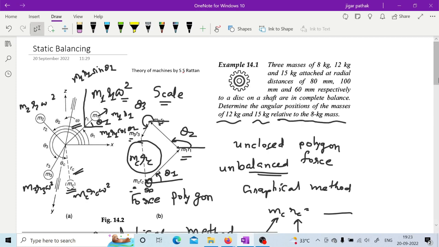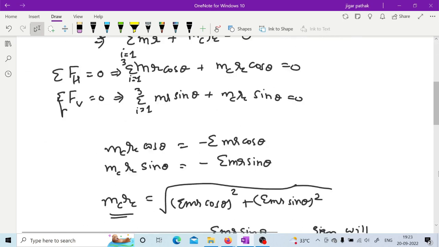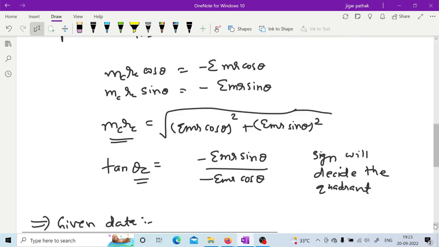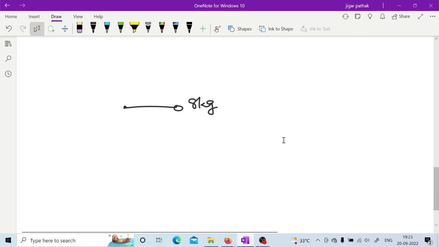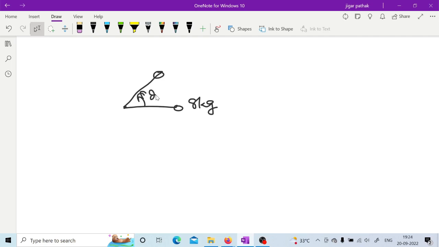So we consider that 8 kg lies on the x-axis, and with respect to this you have to calculate the angle for 12 kg, let us say theta 2.